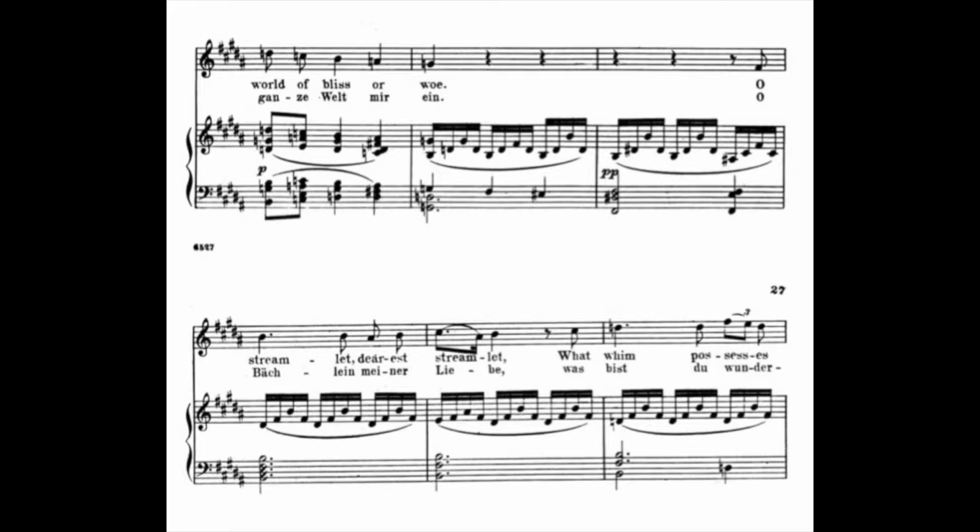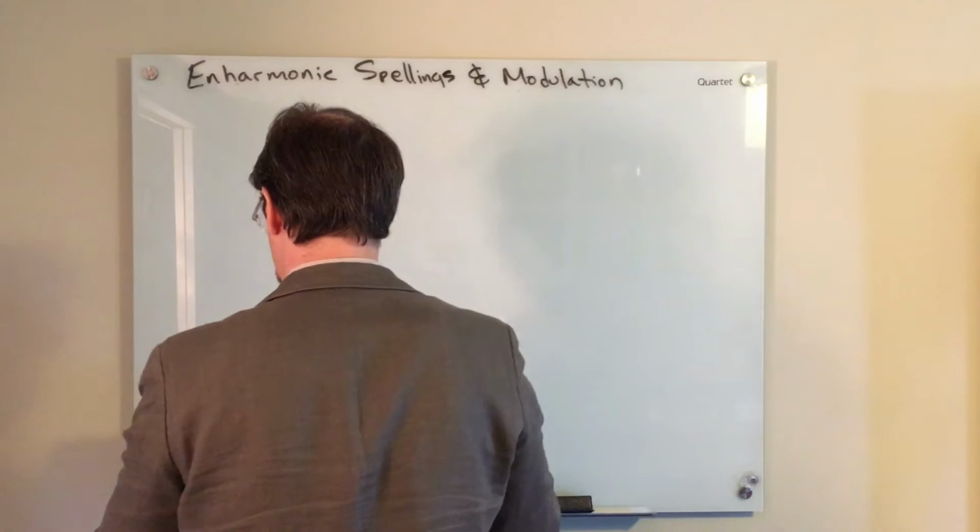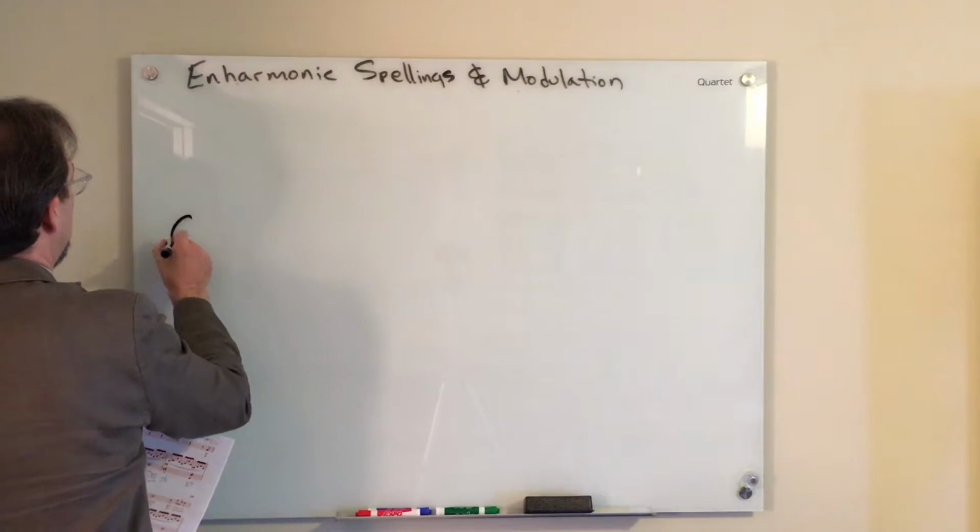We first have a G major triad in first inversion, followed by A minor triad in first inversion, followed by a G major triad with D in the bass, second inversion, to a D7 chord, resolving to a G major triad. So that is very clearly in the key of G, a very clear cadence.